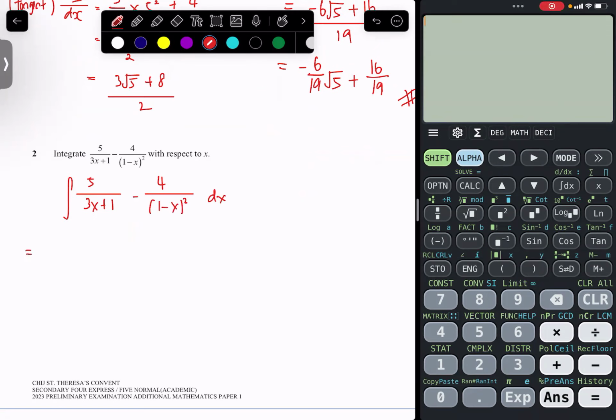So what is it going to be? A few things I would like to do down here: number one, I would like to separate out the integration, because there's a negative sign.